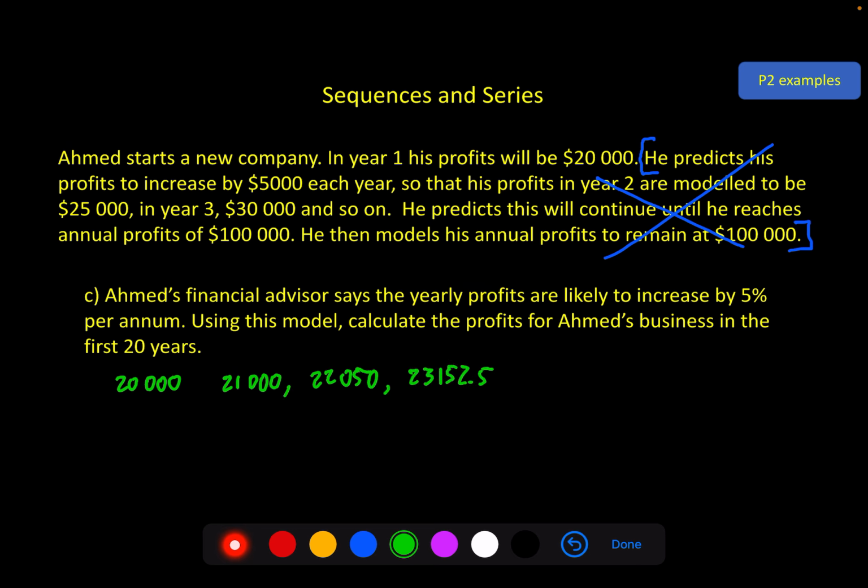And our sequence is going to get more and more decimal based. But I don't need more than that, because I've got enough to recognize that this is a geometric sequence. What I did on my calculator to get this was to multiply by 1.05, and I did the same thing here. I've got a geometric sequence where A is 20,000 and the common ratio is 1.05.